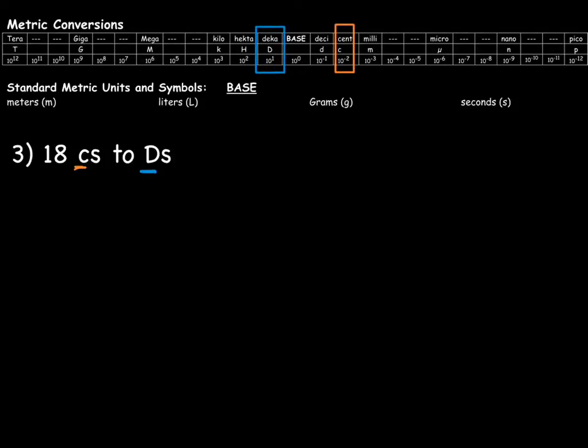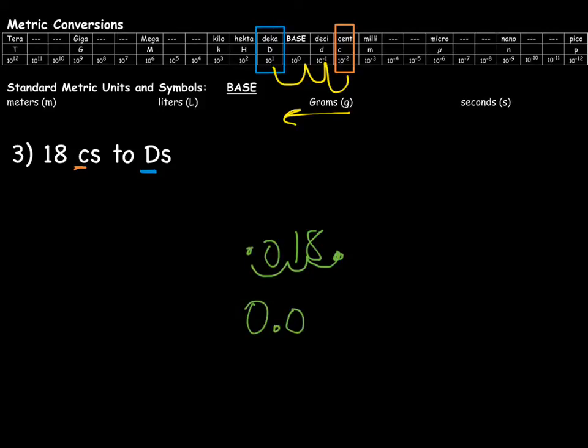So again, starting with the orange, the centi, we have to move 1, 2, 3 times to get to, which direction, right? To the left. So we have 18, and if there's no decimal written, remember the invisible decimal is to the right of the number, and we move 1, 2, 3 times. So our final answer is 0.018, no longer centiseconds, we're now in decaseconds.